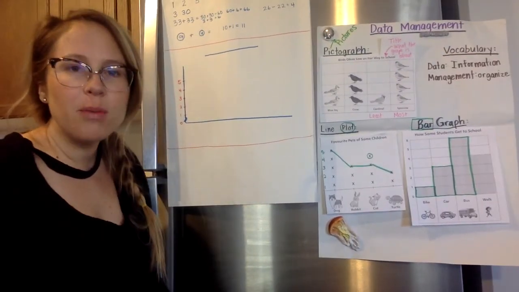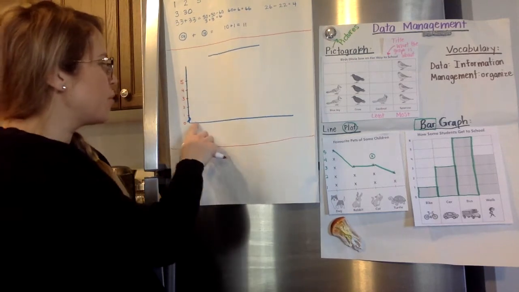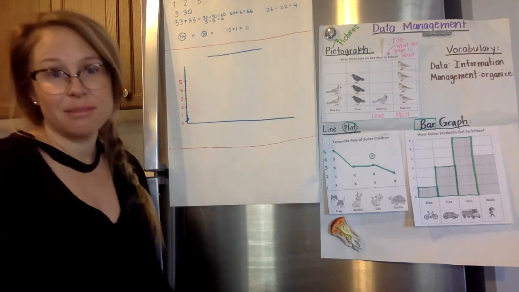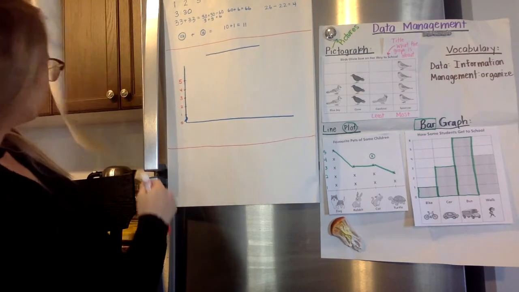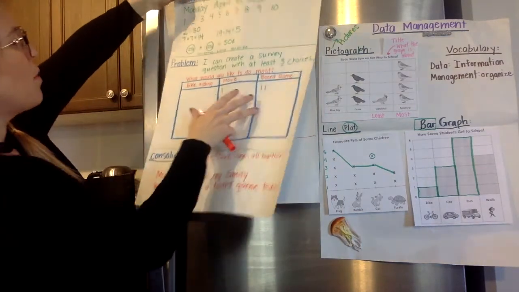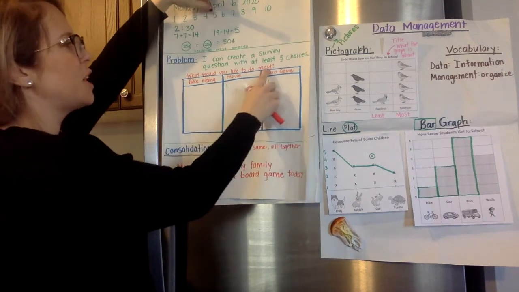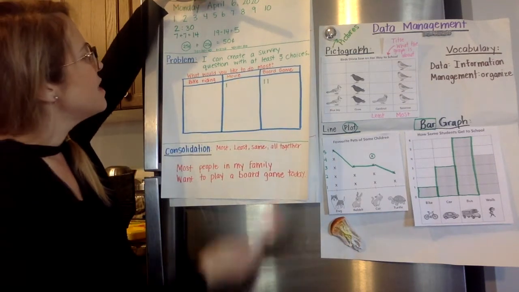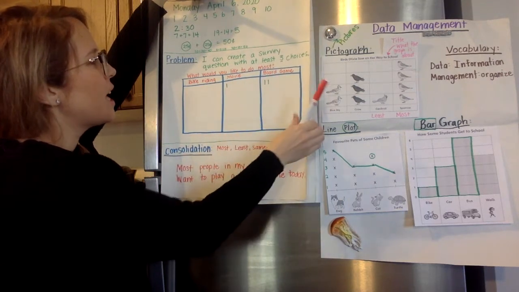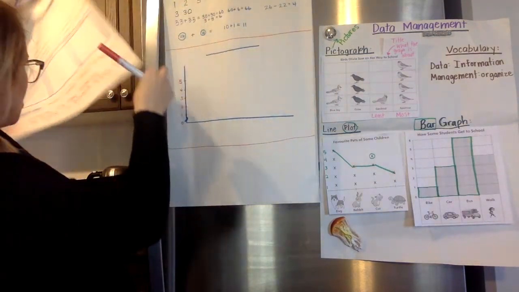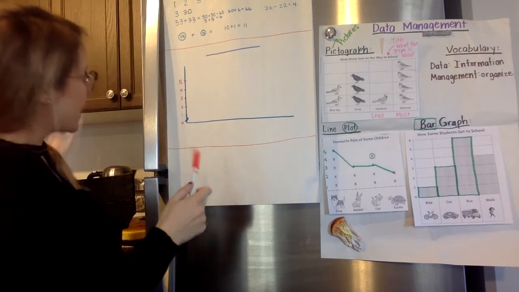So once I've got my y-axis done, what do you think would go along this x-axis? If I'm graphing the data from yesterday, and yesterday what we wanted to find out was what would you like to do the most today? The answers, bike riding, movie, and board game, are the choices that go along my x-axis.